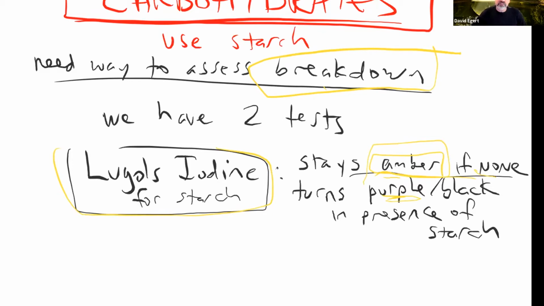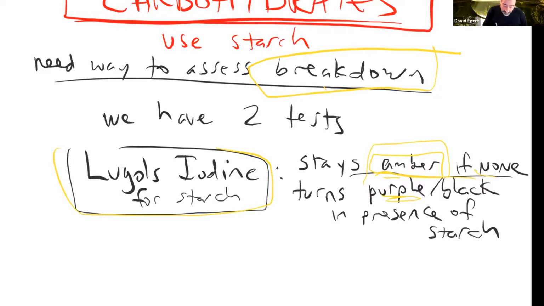We also, for the carbohydrate assay, have an assay for the breakdown product as well. What do you get if you break starch apart? Glucose? Yeah, you get glucoses. If you take it all the way down, you get glucose.